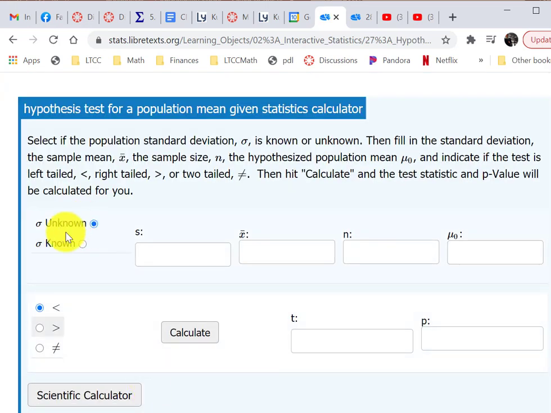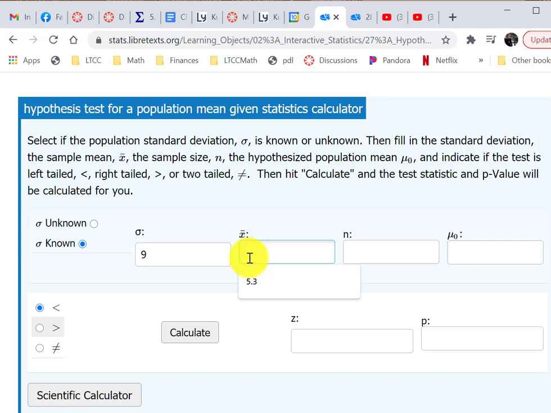So that's the hypothesis test for a mean with statistics. So here we know the standard deviation of the population. So I'm going to click on sigma known, and notice now it says sigma, and sigma was equal to 9. So I put a 9 there. X bar was equal to 37.